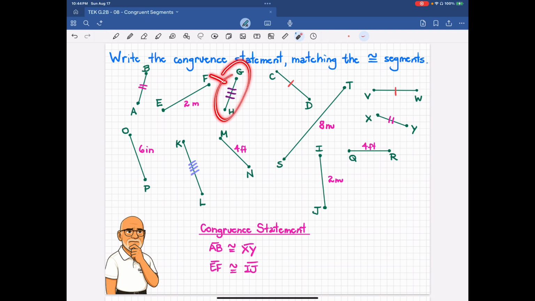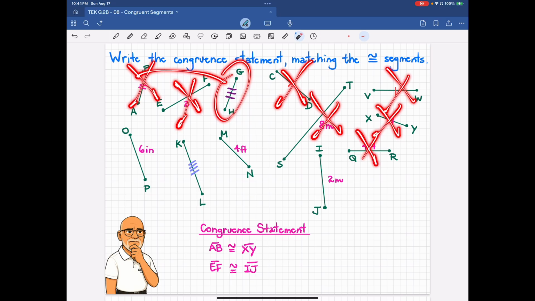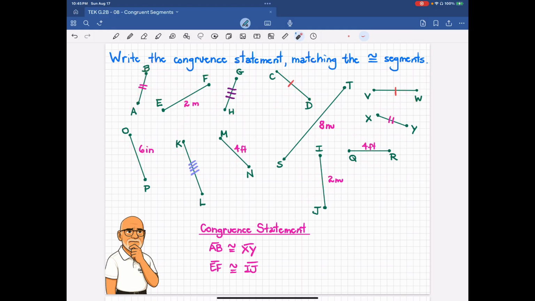So right here, this isn't it. This isn't it. Nope, nope, nope. This is 4 feet. 2, nope. This has 4 congruence markings, and this is 6. So there is none. There are no line segments that are congruent to GH.